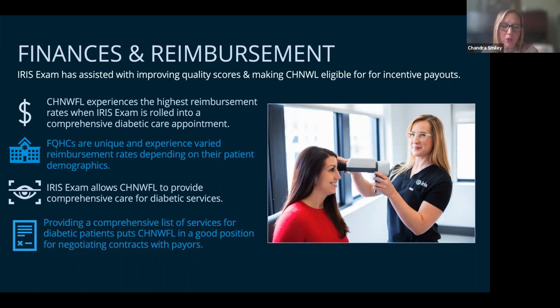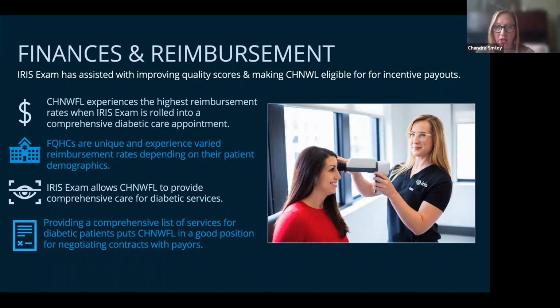Additionally, we are able to incorporate the scan into a comprehensive medical visit. And when we do so, it is eligible for that enhanced rate of reimbursement or that larger global rate that I was speaking of.